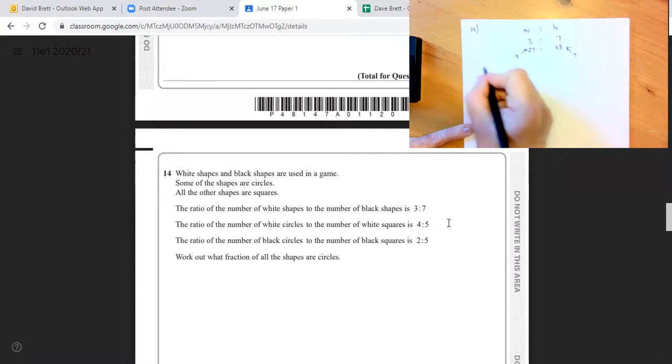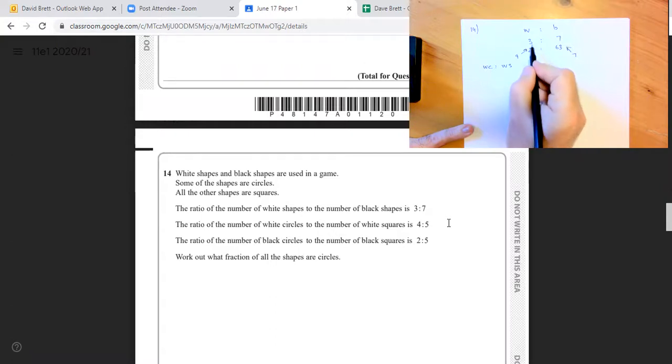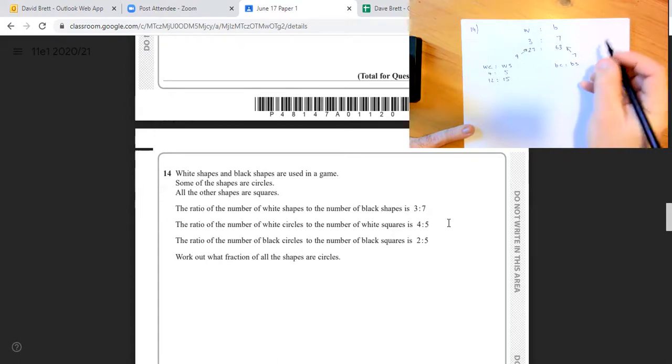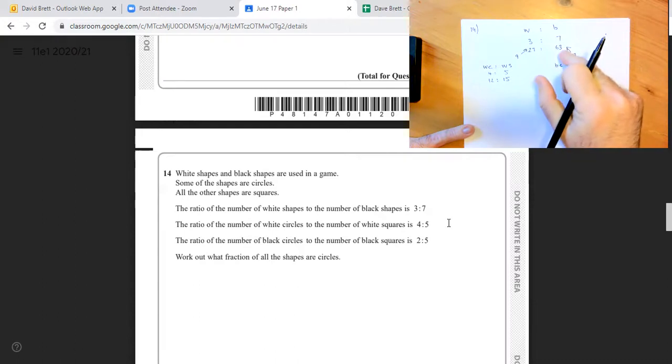So that would mean within the white shapes, the circles to squares, white circles to white squares, I've multiplied by 9. So if I multiply the 4 to 5 by 3, I'll get 12 to 15. The black circles to black squares, I've multiplied this by 9.